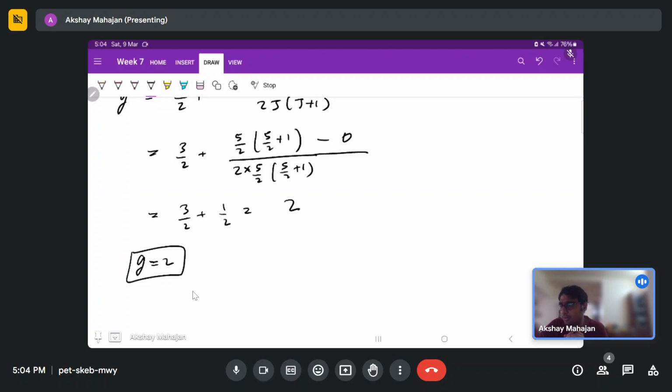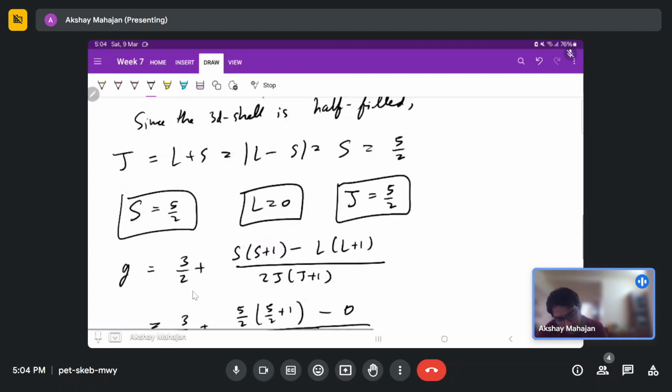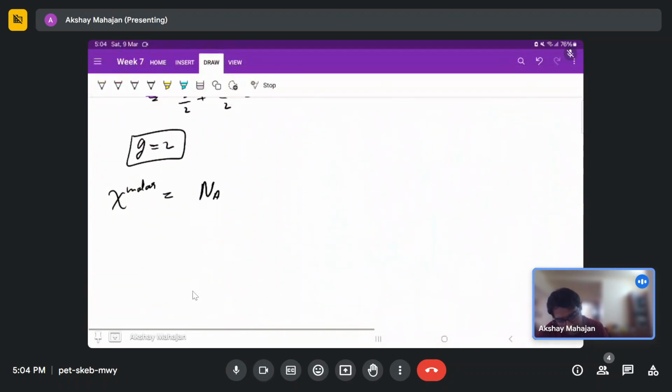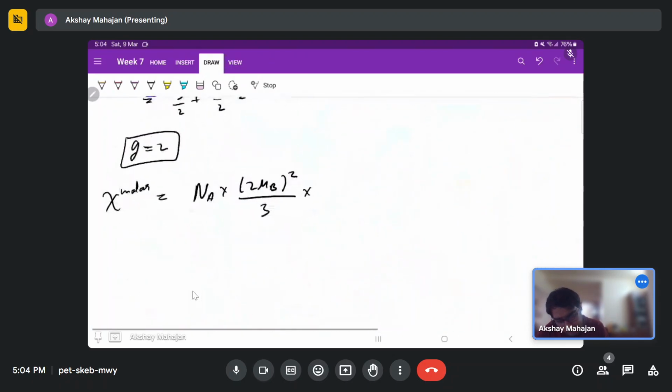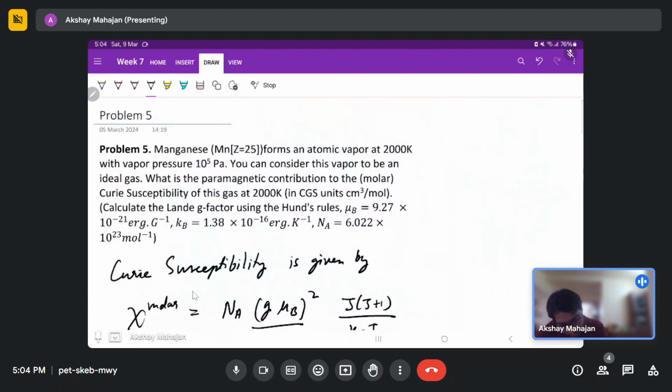Now we have the value of J as well, which is 5 by 2. So we can find chi molar by just putting in the values. The formula is Na times g squared mu B squared, divided by 3, times J into J plus 1, divided by kBT. In the case of g, we will just write 2. So it will be 5 by 2 times 5 by 2 plus 1 divided by kBT, and all these constants apply to you.